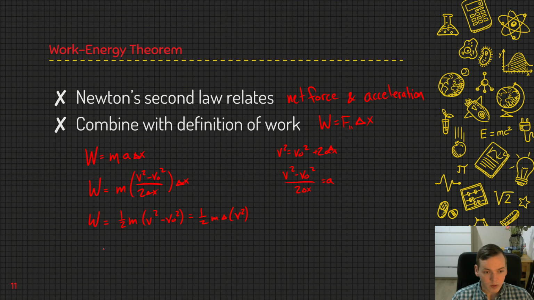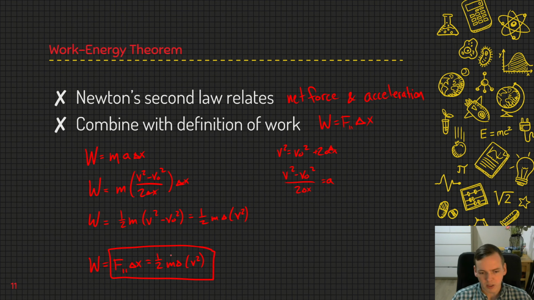In other words, the statement of the work-energy theorem is work equals force parallel times delta x is equal to 1/2 m delta v squared. So that right there is our work-energy theorem, that the work is equal to the change in kinetic energy here.